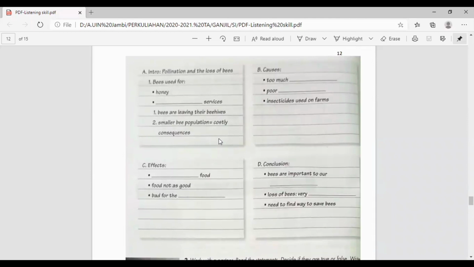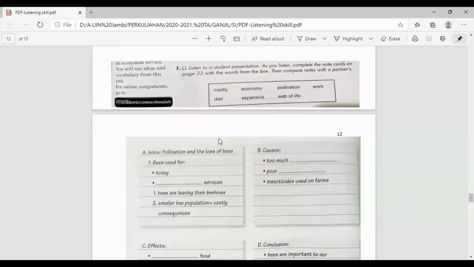So what you have to do, you need to complete this note, A, B, C, D, with the words from the box. Are you ready to listen? Okay, here we go.